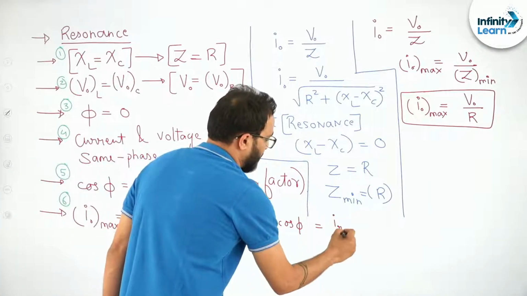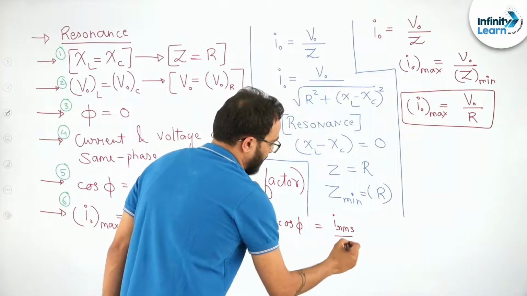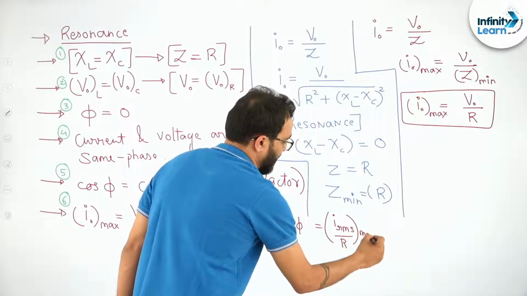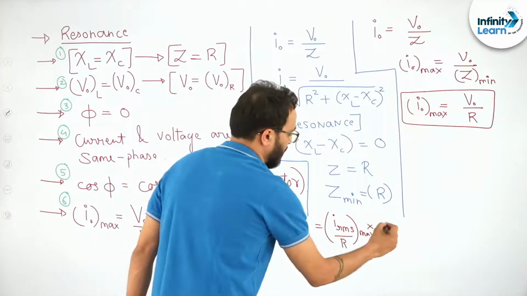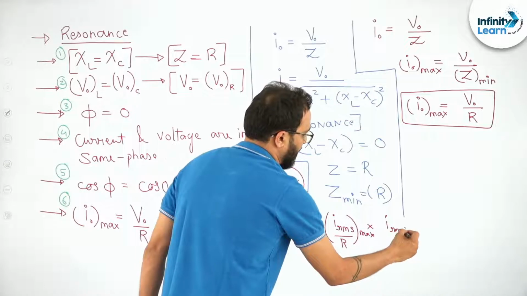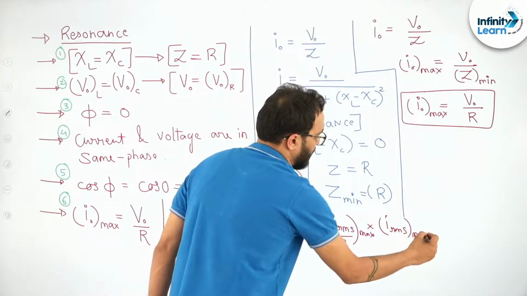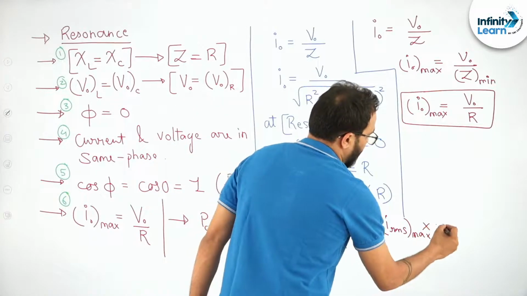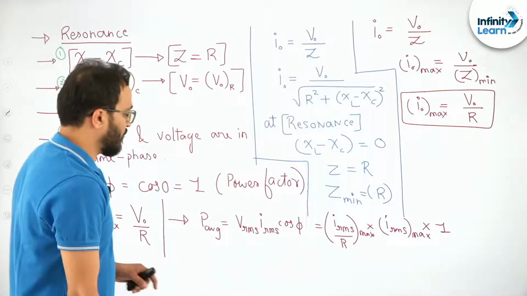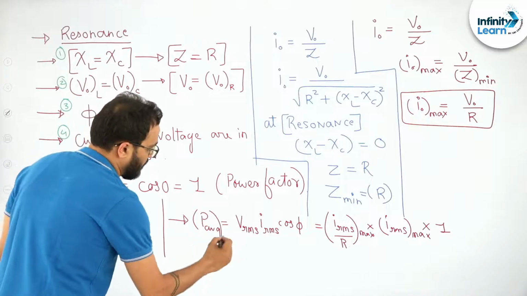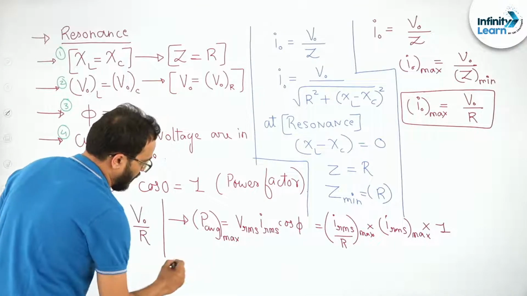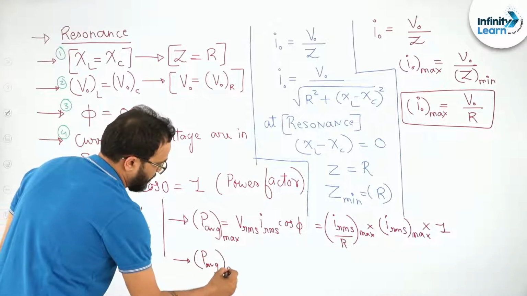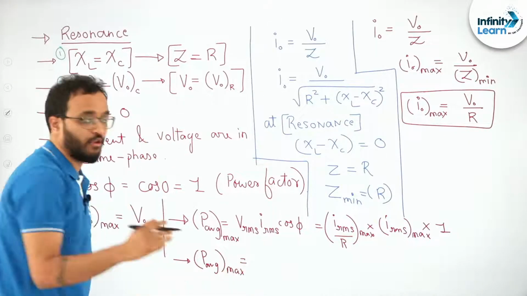Vrms will become IRMS times R. That means this is maximum current into IRMS, again its maximum value, because if I naught is maximum, IRMS is also maximum, into 1, because cos phi is 1. So don't you think at this particular value average power consumption will also become maximum?